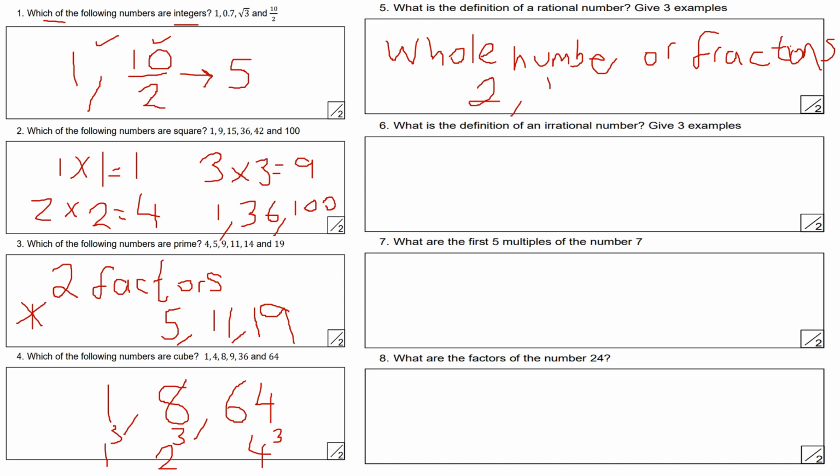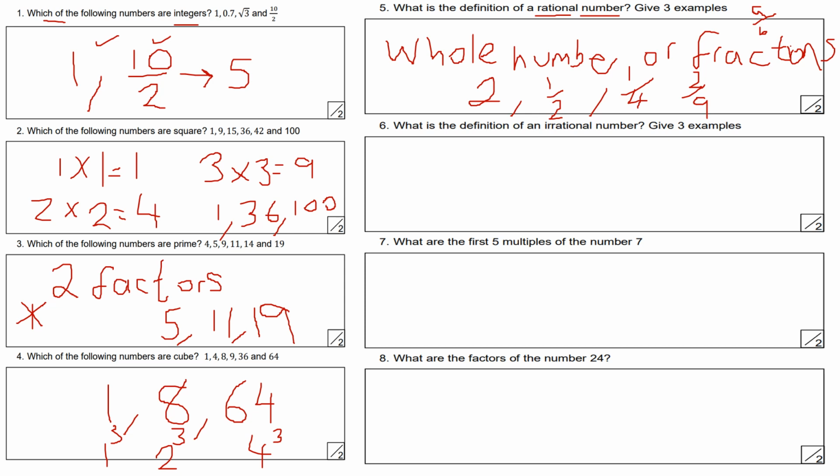A half is rational. 1/4 is rational. 2/9 is also rational. So you can have some recurring decimals that are rational, but in general, a rational number is a whole number or a number that can be written as a fraction, a over b, where a and b are non-zero.